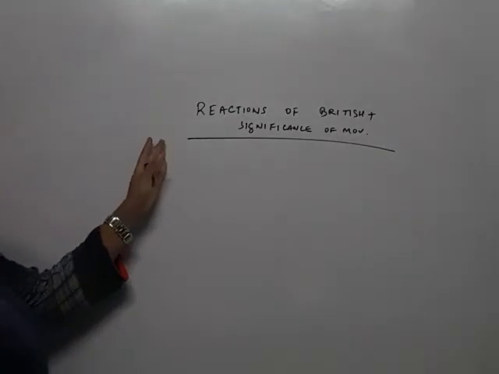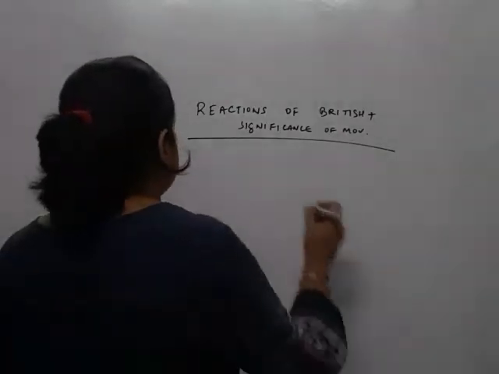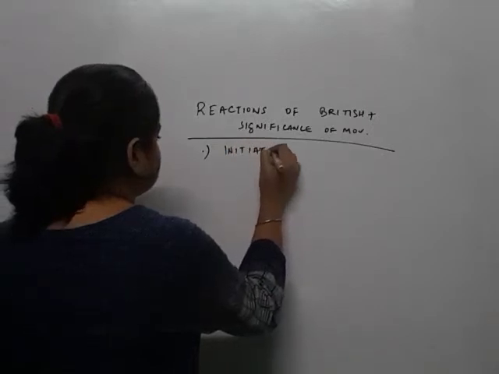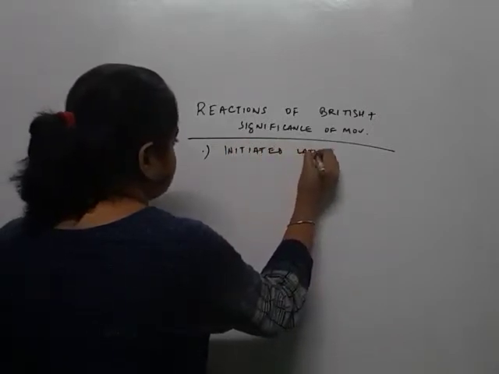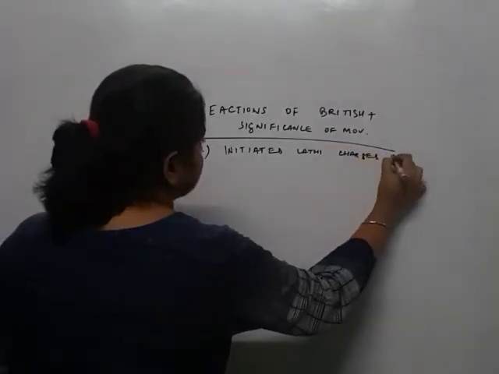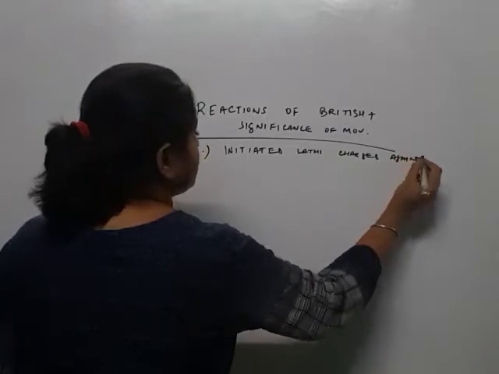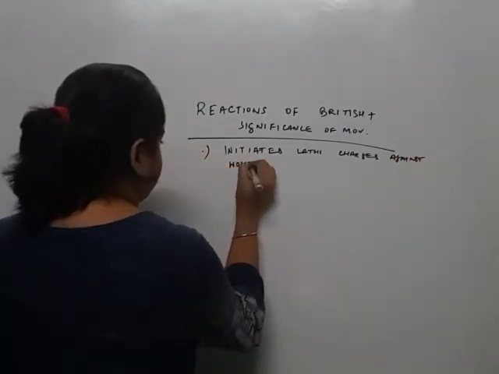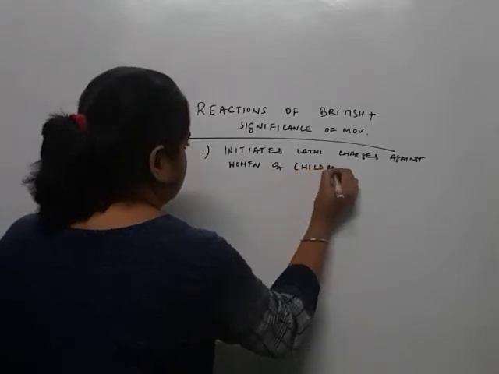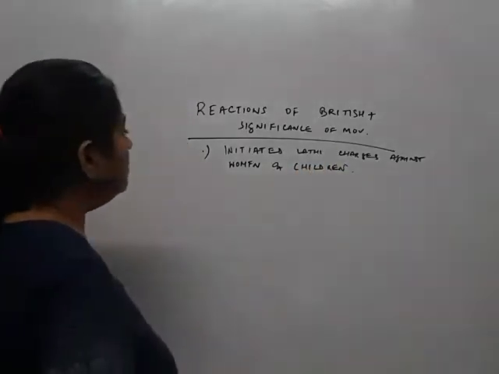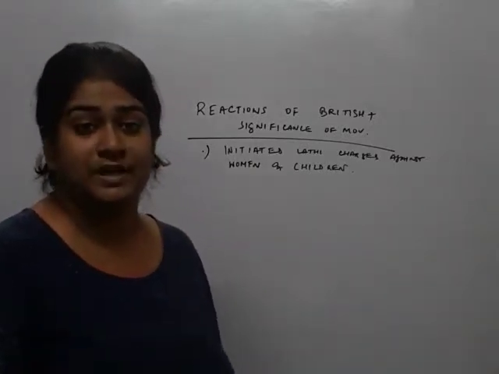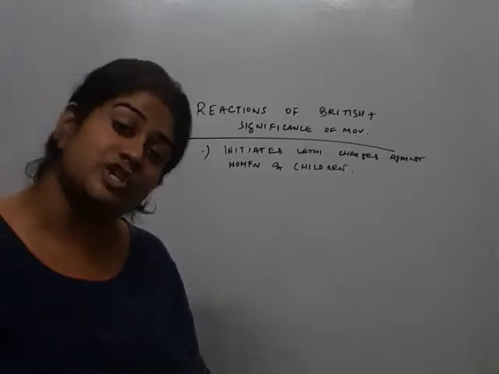So, reactions of the British and significance of the movement. The British initiated lathi charges against women and children as well. So, lathi charges were initiated by Britishers not only against women but also against the children.